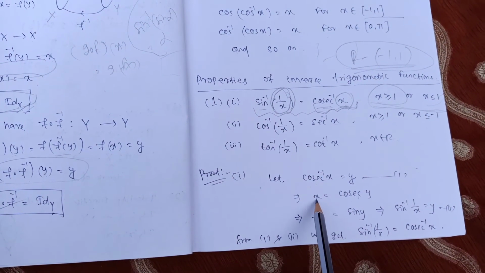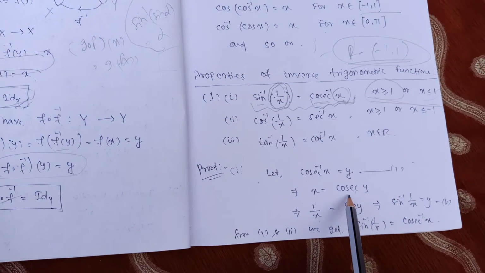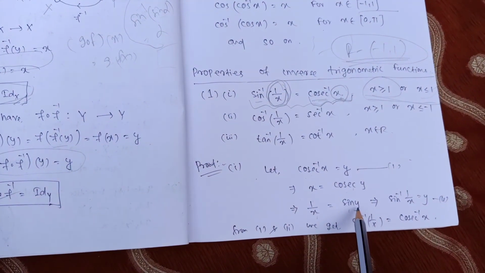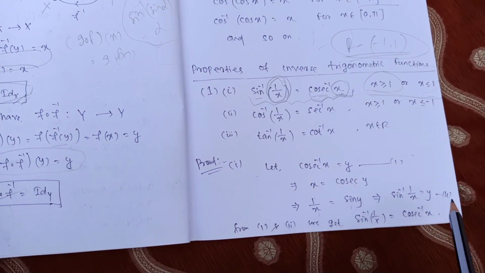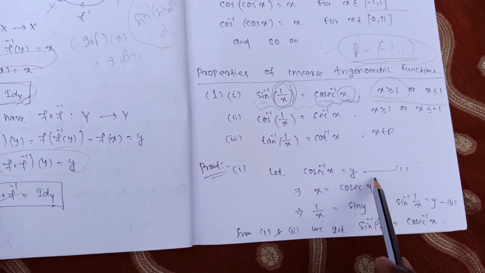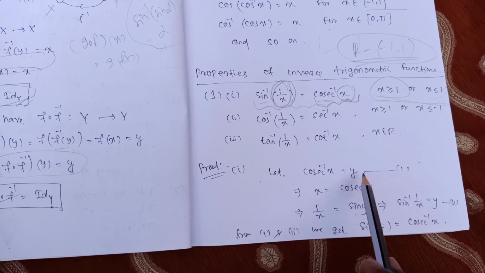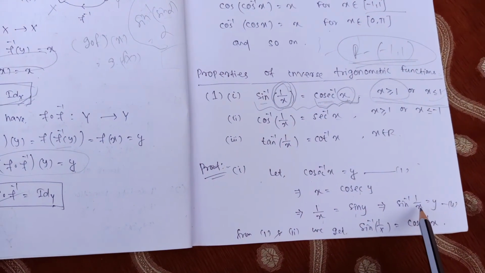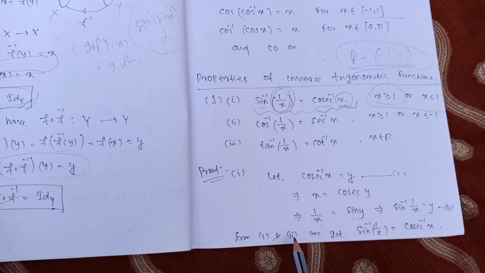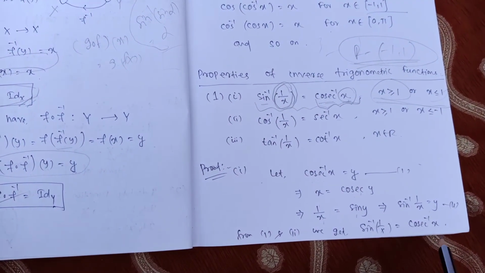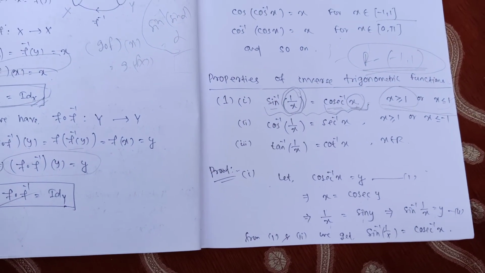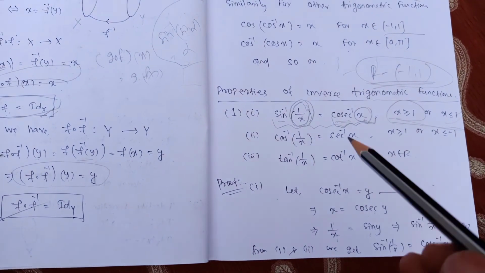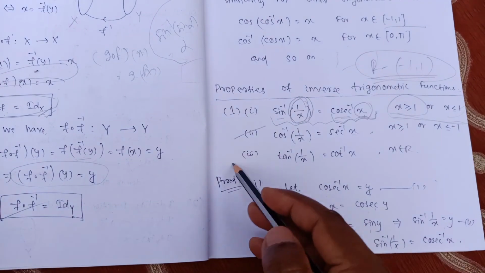So 1 by x is equal to sine y, so y is equal to sine inverse 1 by x. So from 1 and 2, we get that if y is equal to cosec inverse x, then y is equal to sine inverse 1 by x. So from 1 and 2 we conclude that sine inverse 1 by x is equal to cosec inverse x. Similarly, you can prove this for cos inverse and tan inverse.